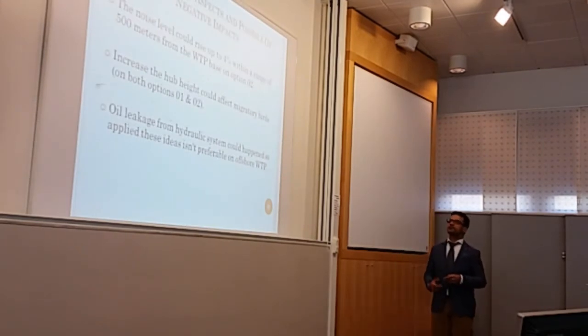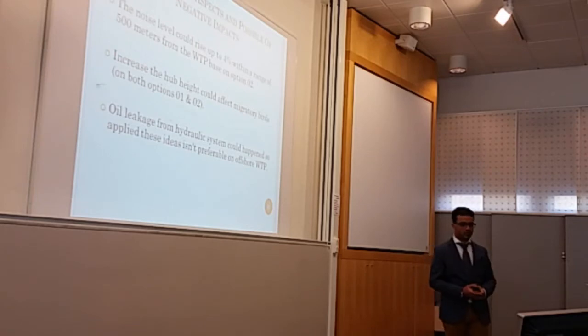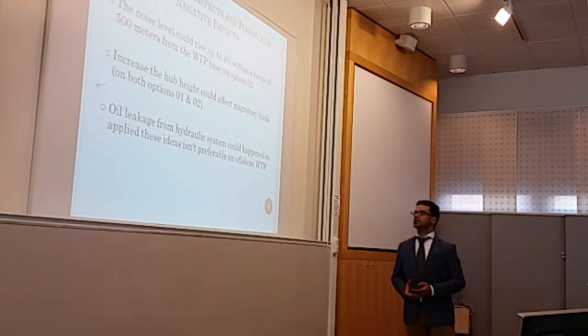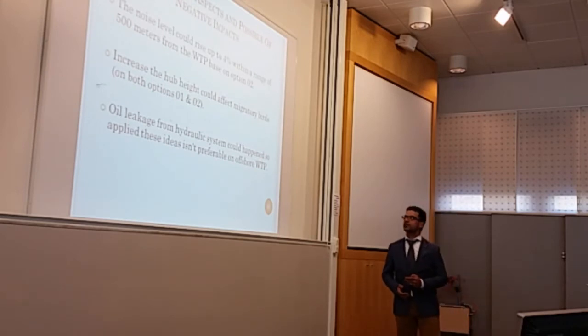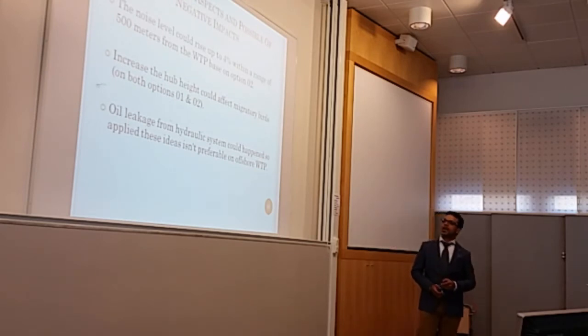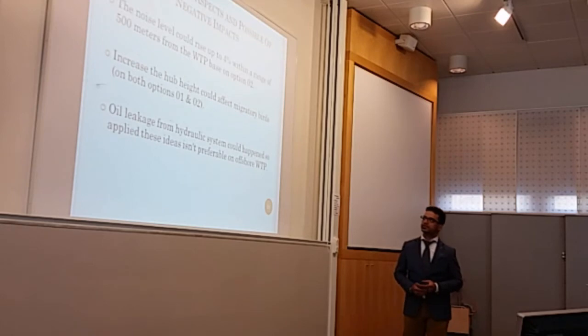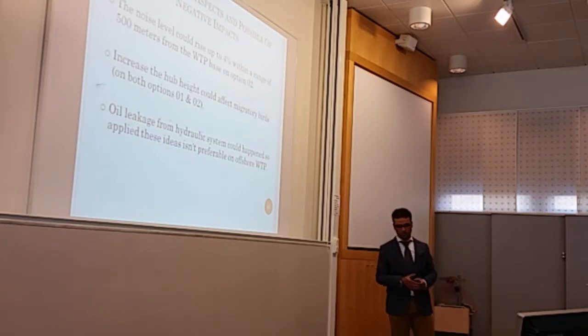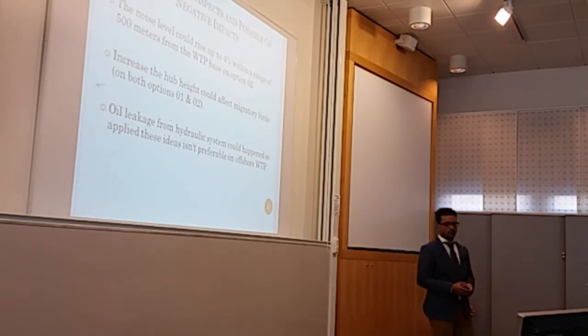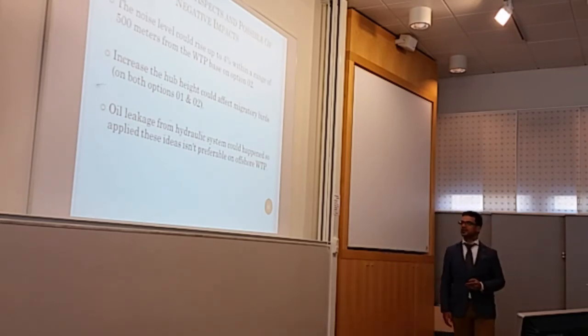So, the environmental aspect is important, because as renewable energy we aim to save the environment itself. As I mentioned before, the noise level will increase by 4%. Number two, increasing the hub height may affect migrating birds around the world, so we have to pay more attention to the location where we implement this idea.